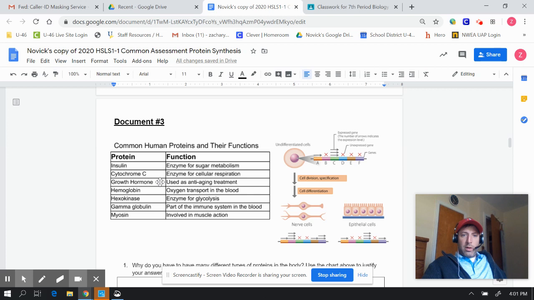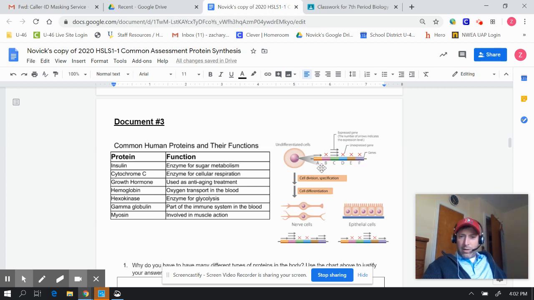Growth hormone, used as anti-aging treatment. Hemoglobin, oxygen transport in the blood. Hexokinase, enzyme for glycolysis. Gamma globulin, part of the human immune system in the blood. Myosin, involved in muscle action.